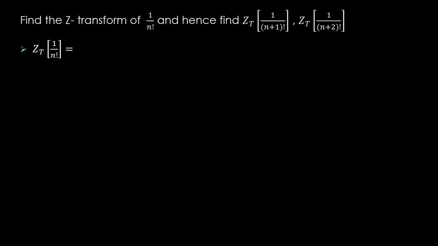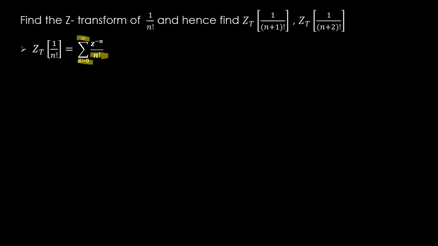By the definition, z transform of u(n) is summation u(n) into z to the power minus n, where n runs from 0 to infinity. So z transform of 1 by n factorial becomes summation 1 by n factorial into z to the power minus n, where n runs from 0 to infinity.